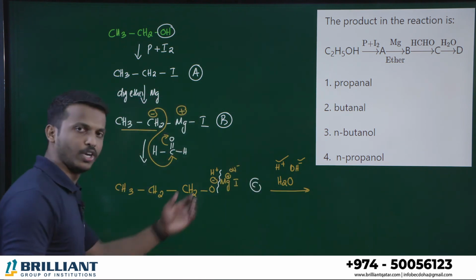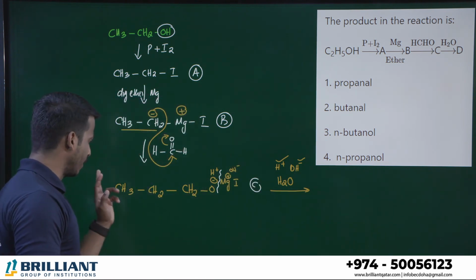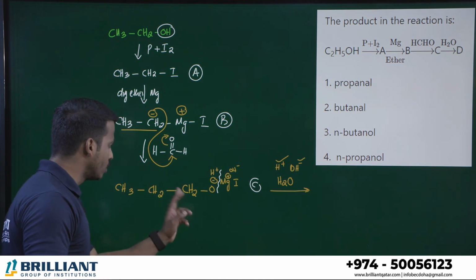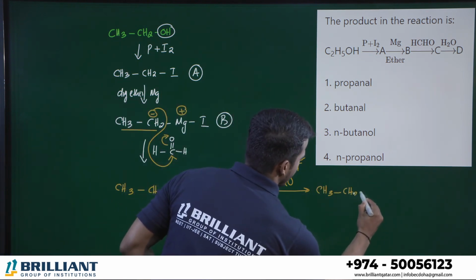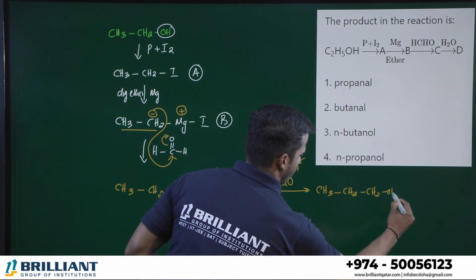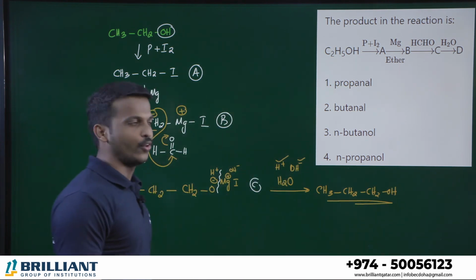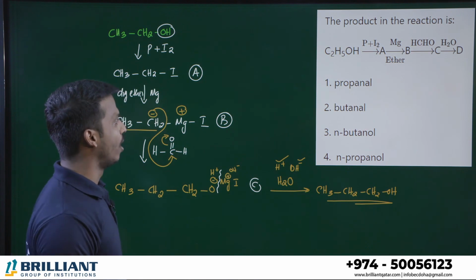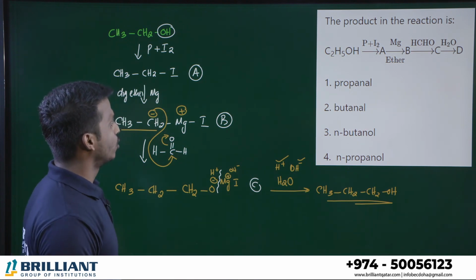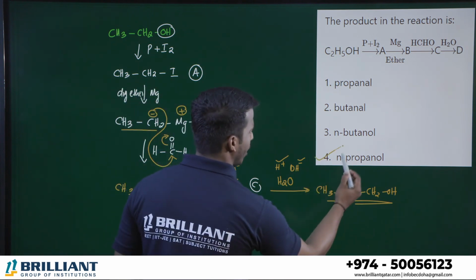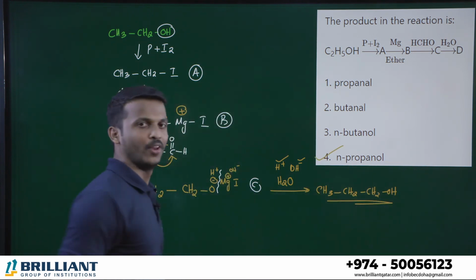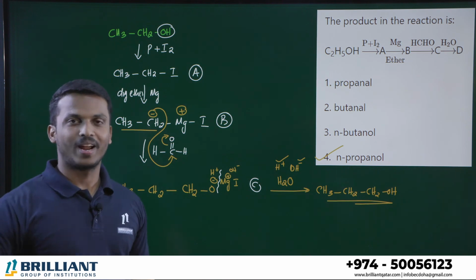That is a byproduct. No need to bother about that. So what is the major product? CH3CH2CH2OH. This is the product. What is the name of this compound, dear all of you? Propan-1-ol. So what is the answer? Option fourth one, normal propanol. Normal propanol.